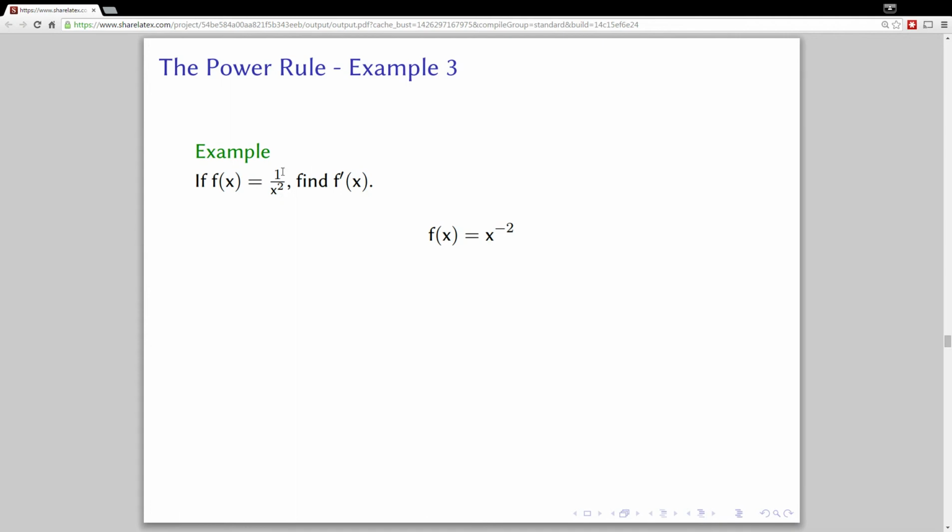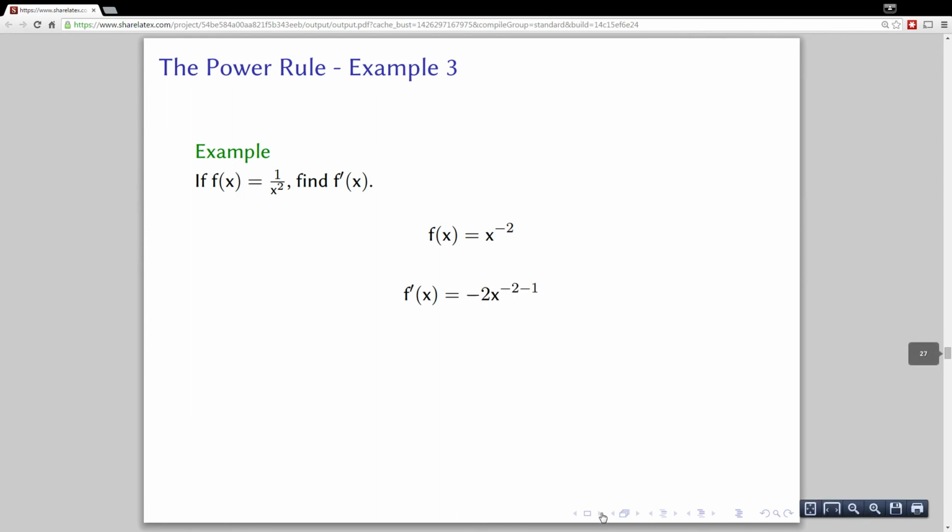I can move it across the fraction bar as long as I change the sign of the exponent. So 1 over x squared is exactly the same as x to the minus 2. Again, that's just algebra. There's no calculus involved. I'm just rewriting the function so I can directly use the power rule on it. Now this exactly matches the format of the power rule. It's x to some number power, whereas before it wasn't quite in the form I needed in order to use the power rule.